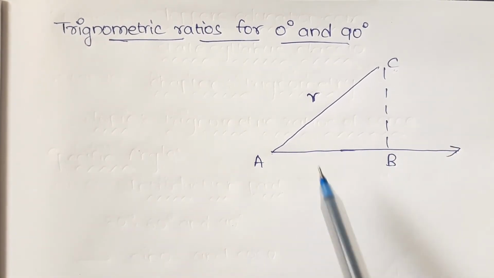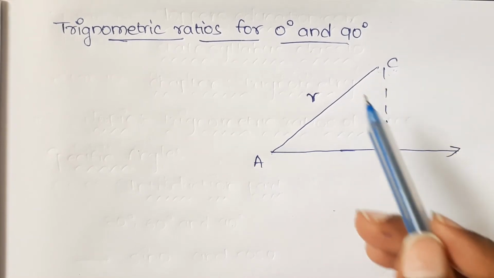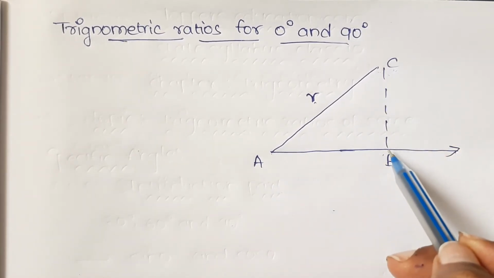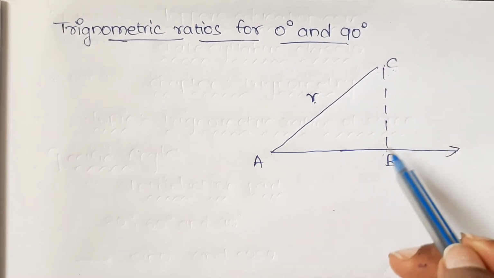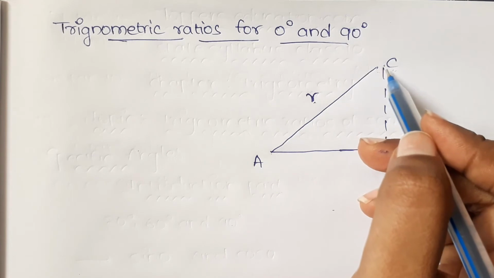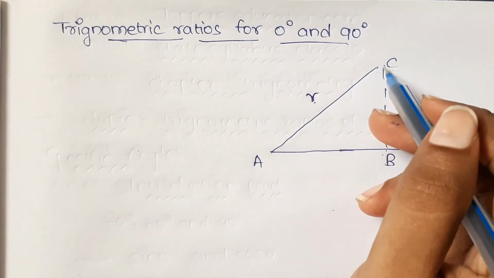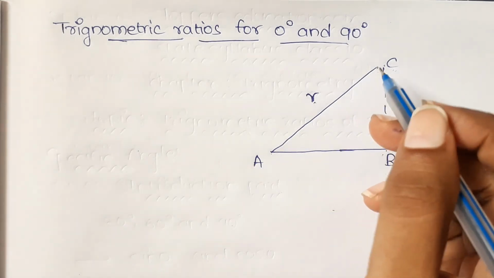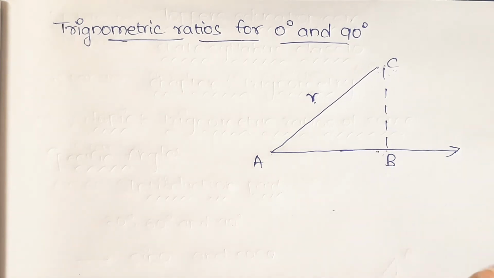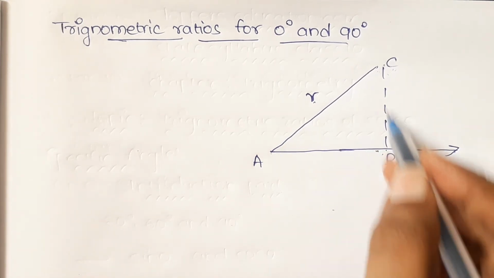Here we have three sides: AC with length R, AB, and the height of C from B, which is BC. Now when AC leans, that is AC is more than AB, so that the angle made by it decreases, then what happens to the lengths BC and AB?